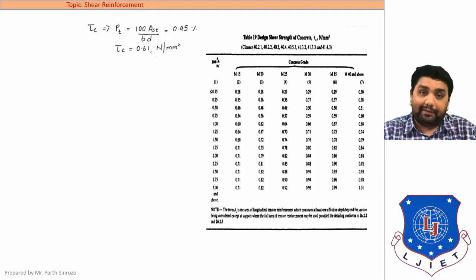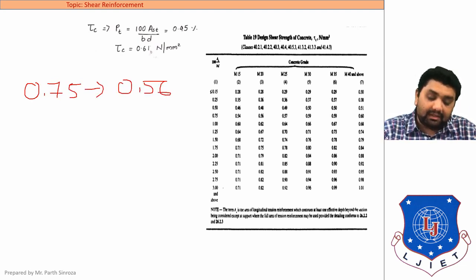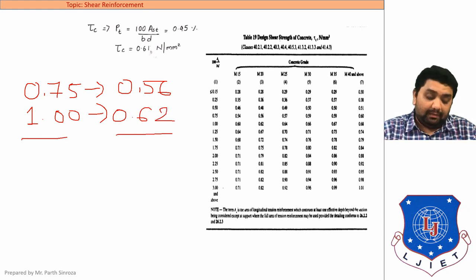So we will now do the interpolation. The first value is 0.75 and for 0.75 the value of tau c is 0.56 as per our table. The second higher value is 1 and for it the value of tau c is 0.62. Now for interpolation we need to take the difference of these values, that means the LHS portion and the RHS portion.